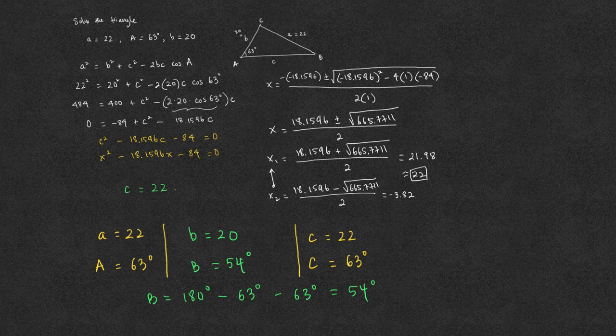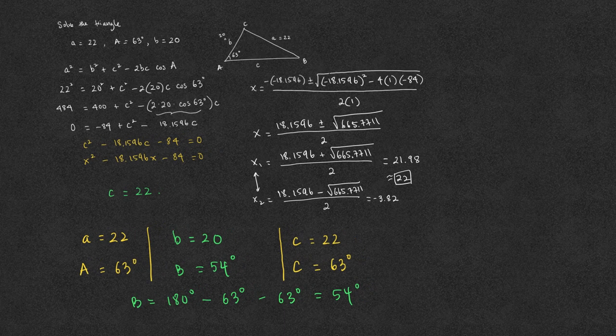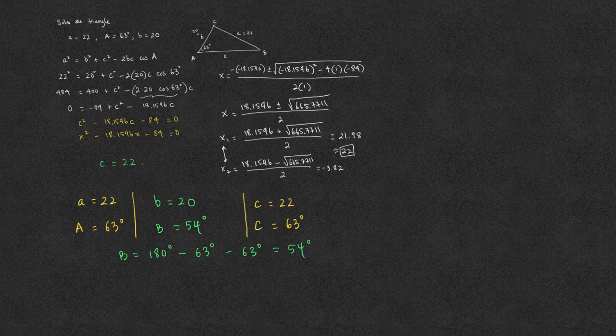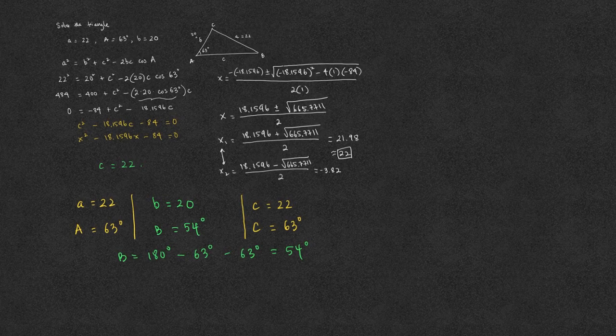Notice that we look at the two sides a and c to determine the measure of the angle C. We did not solve it. Let's see if we get 63 if we were to solve it. Solving the angle C, we will use either the law of sines or the law of cosines. But to practice, let's use the law of cosines.